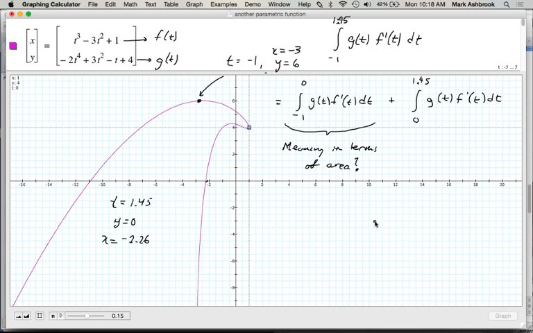So based on what we said, all these integrals are based on just y as a function of x area integrals, right? So if you go from -1 to 0, g t f prime of t dt, what's the meaning in terms of area? Or what value will you get in terms of areas in that picture? Why don't you talk and see what you come up with? Go.